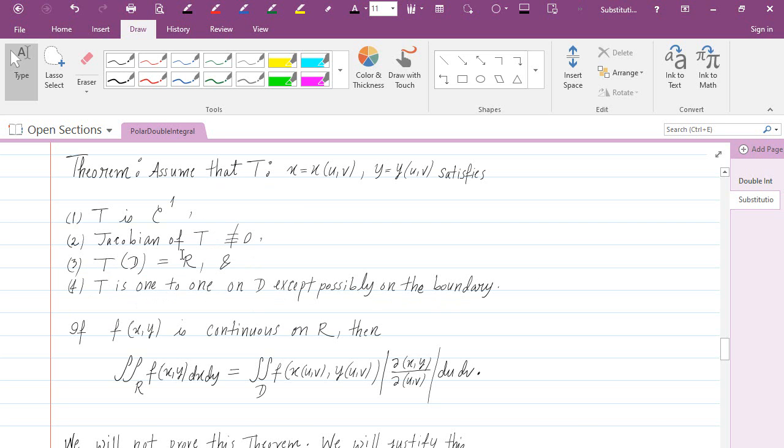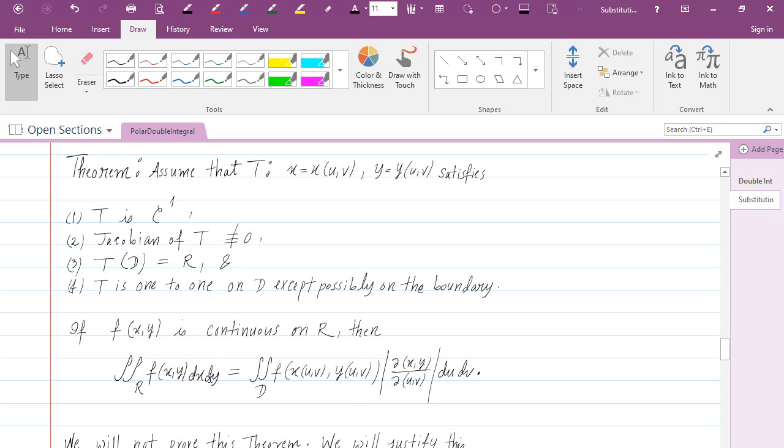Under these 4 conditions, the double integral of f of x, y over the region R is equal to the double integral of f of x of u, v comma y of u, v multiplied by the absolute value of the Jacobian over the plane region D. And this integral is with respect to u and v.